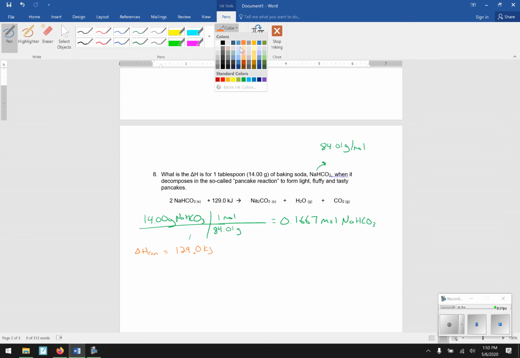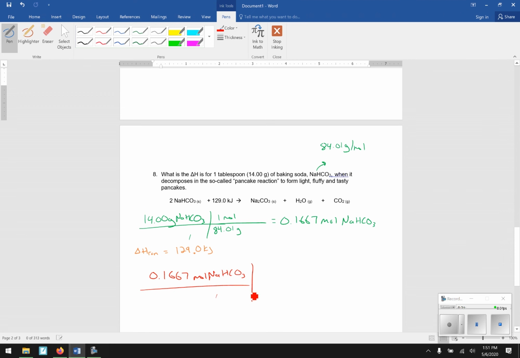Change the color here to red. So 0.1667 moles NaHCO3 over 1. And we actually have a conversion factor between moles and kilojoules. That's what the heat of reaction gives us. We know that there are 129.0 kilojoules used for every 2 moles of NaHCO3.